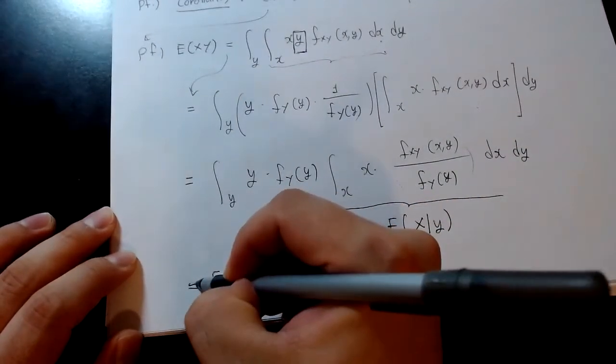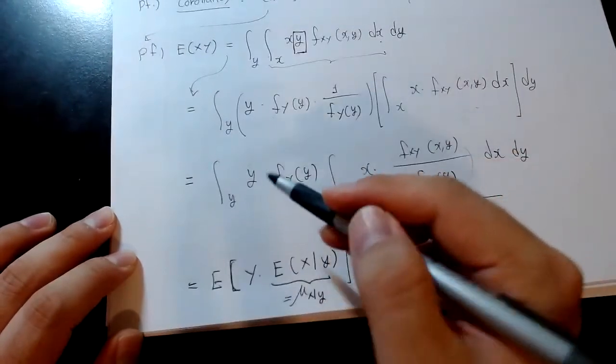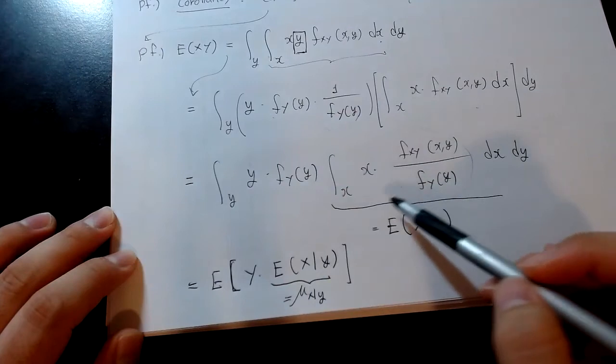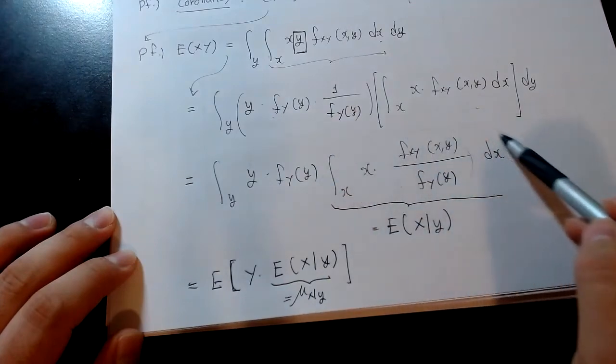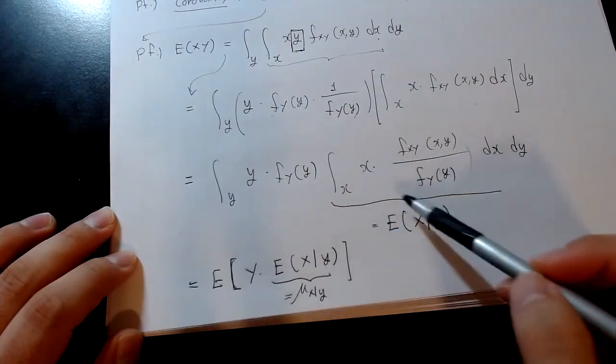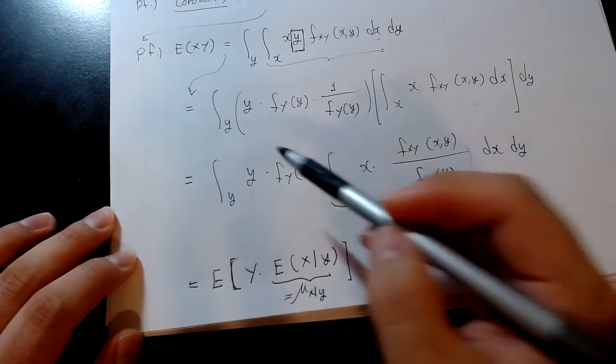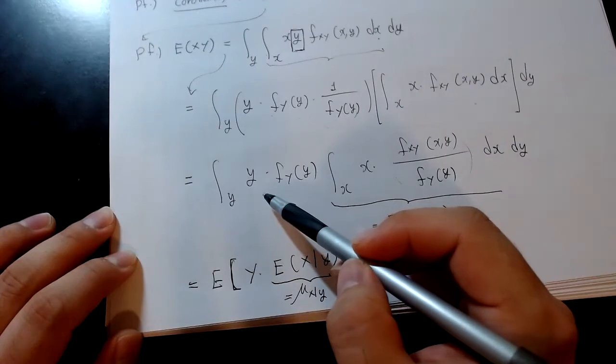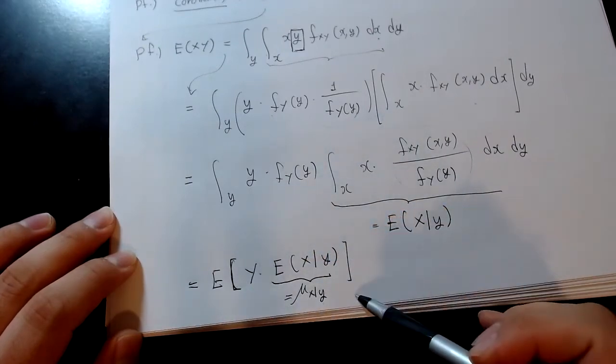If you don't get why this is equal to this, mu_{x|y} is a constant in that expression, and the rest is nothing but the expected value of Y. So we got this.